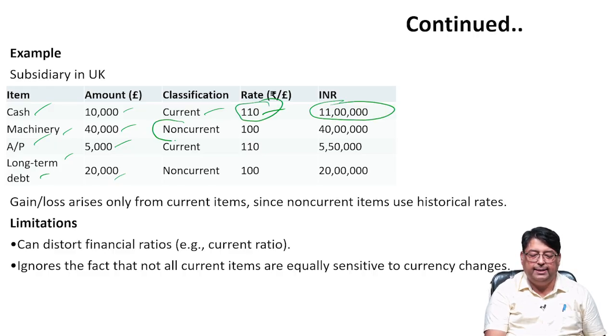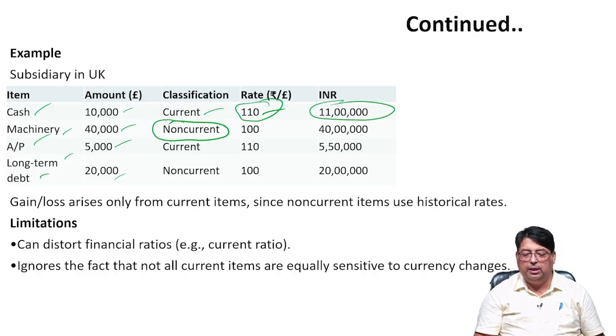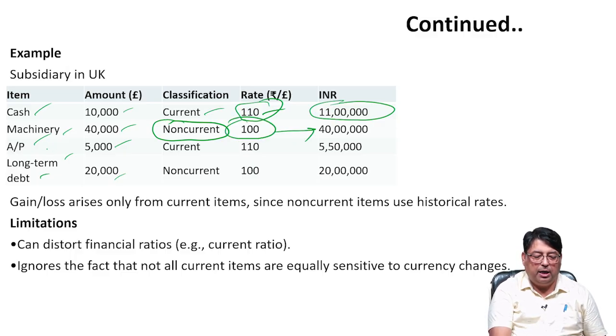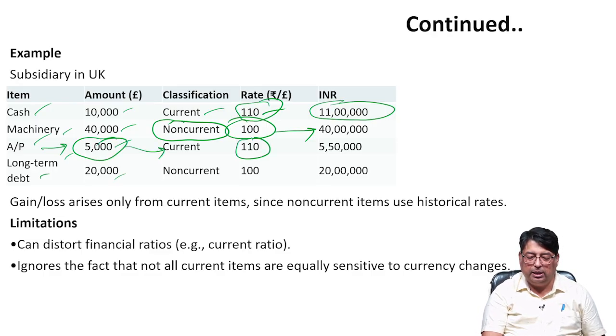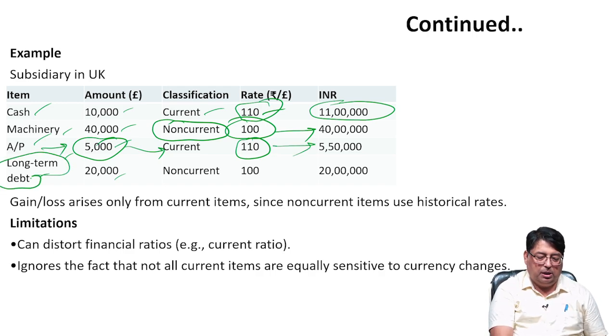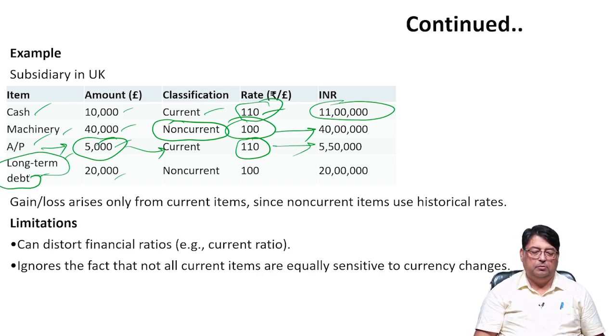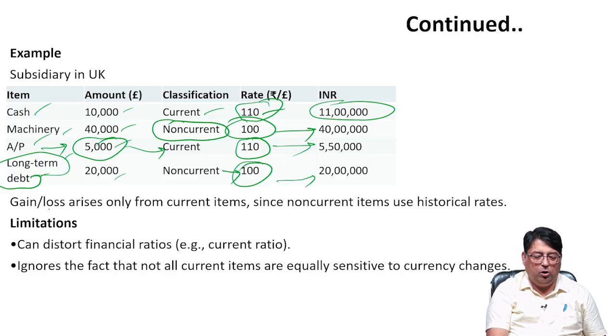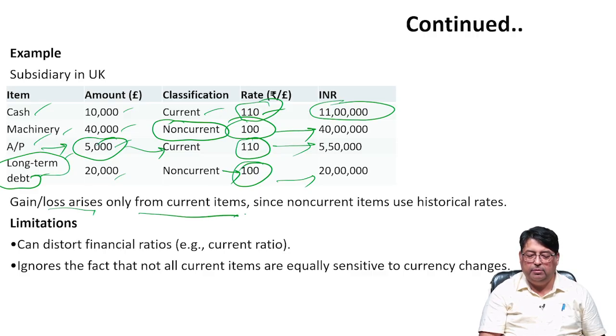Machinery is a fixed item, so it is converted at the historical rate, that is 100, and its value is shown like this. Accounts payable is a current item, so it is convertible at the current exchange rate. And long term debt is a non-current item, so it is converted at the historical rate. So, gains and losses arise only from current items, since non-current items use historical rates.